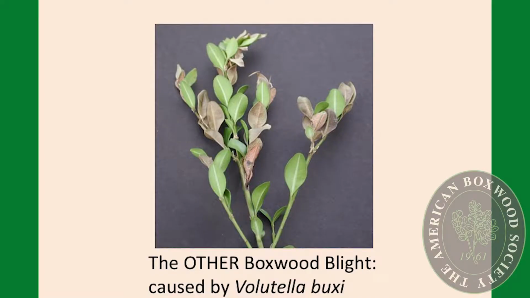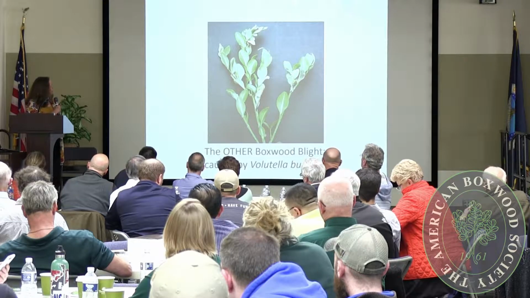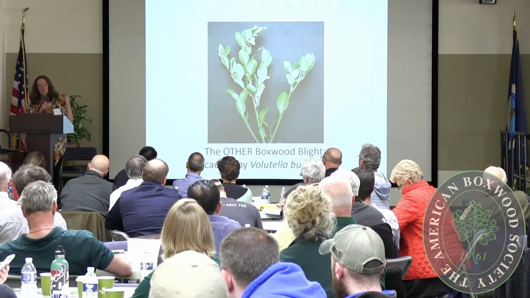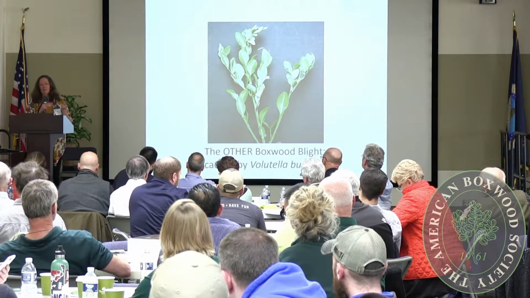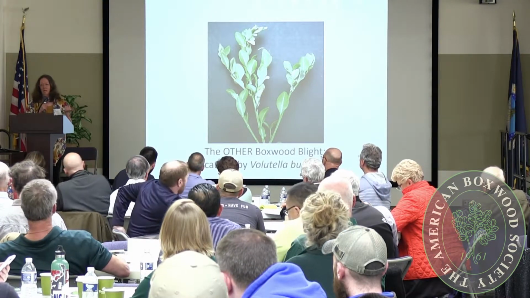So here's an example of one of those more complex interactions, but it's one that Chuan mentioned and others have earlier today. This is the Volutella blight, the other boxwood blight, which was in existence for many, many years before we started worrying about this new one. And Volutella will cause death of leaves, it will cause death of shoots, but it needs a trigger for that to happen.